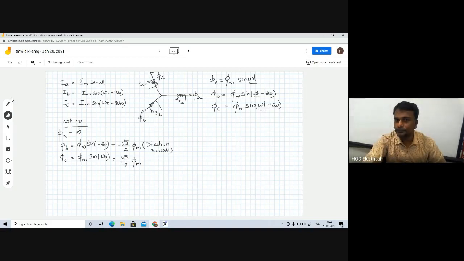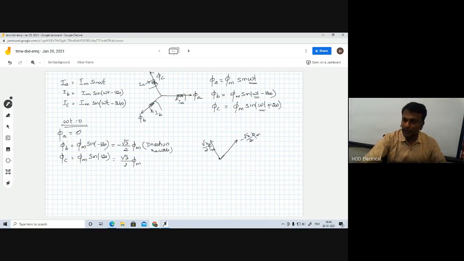So now this is phi A, then phi C is root 3 by 2 into phi M. Then phi B is minus direction. So we can write it as this is our minus root 3 by 2 into phi M.